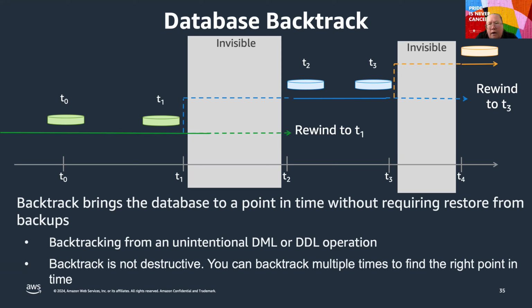So that means that backtracking a DB cluster doesn't require the old DB cluster to be interrupted. So you can also do an exploration of the earlier data changes, so you can actually see if you have the data that you were expecting to see. So that is quite critical.